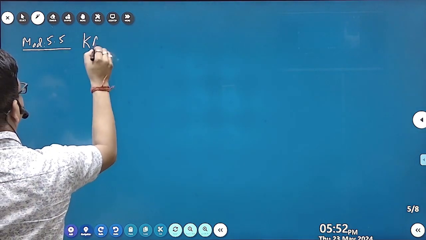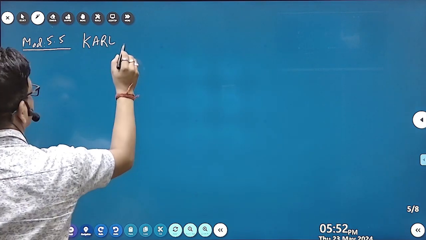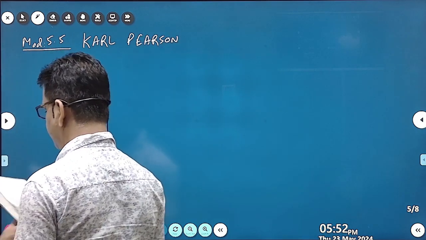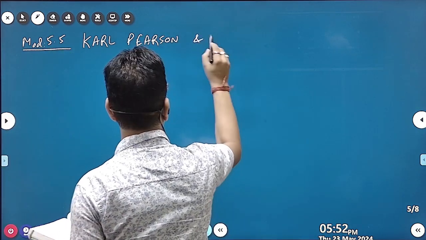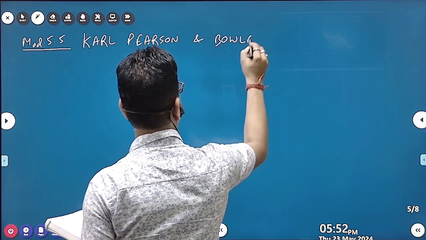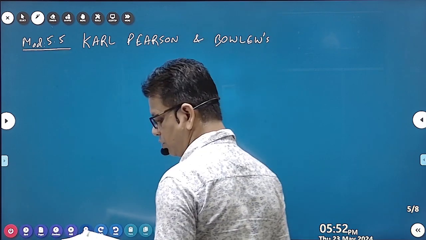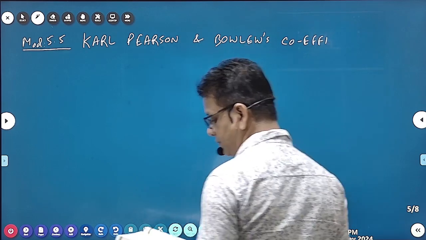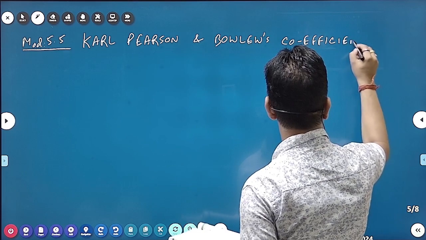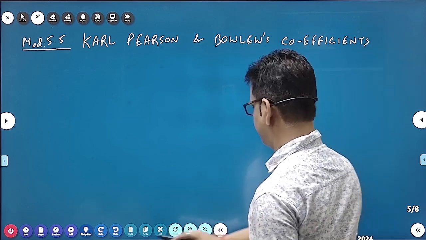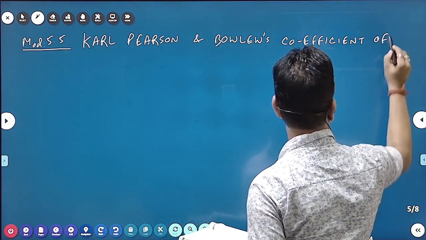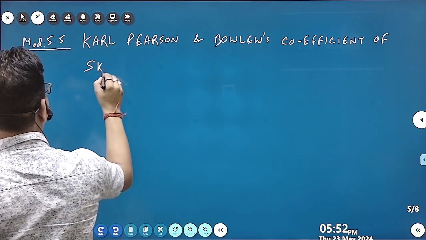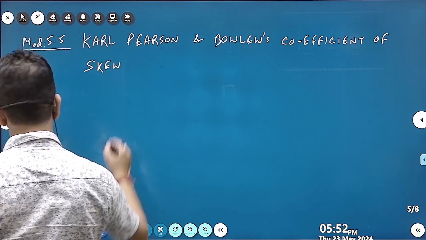Carl Pearson and Bowley's coefficient of skewness. So from now onwards, the topics are slightly shorter. Only the thing is that all the formulas you should remember properly before the exam.